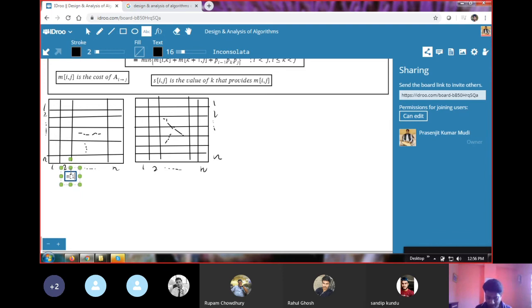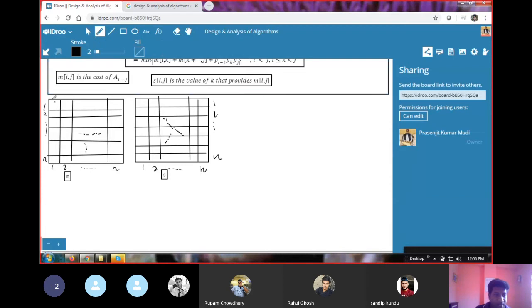This is for the m i j, or M matrix, and this is your S. Here we will fill up all the values of m i j, and here we will fill up all the values of s i j.